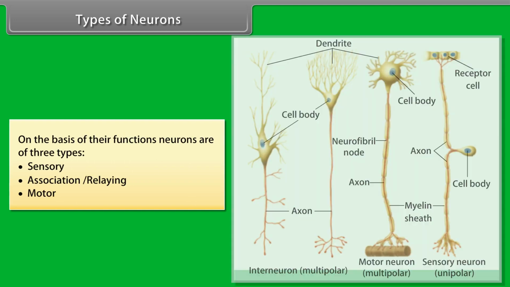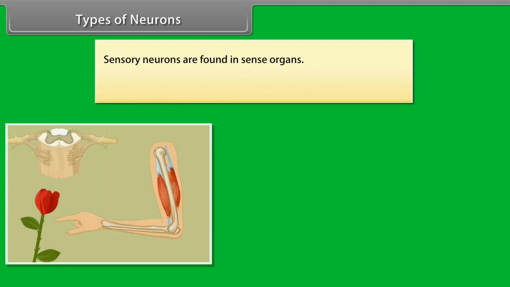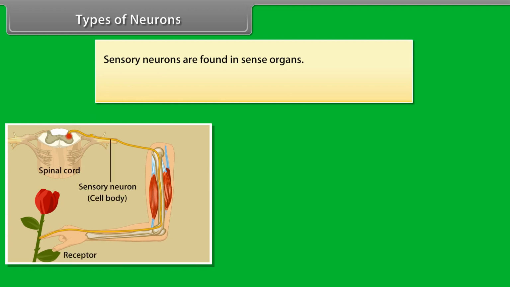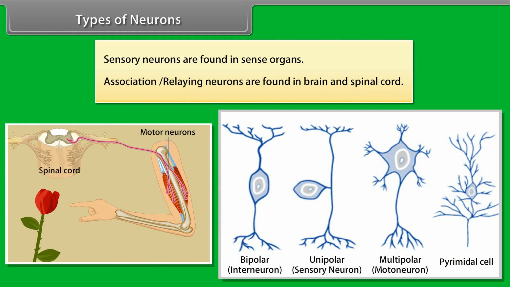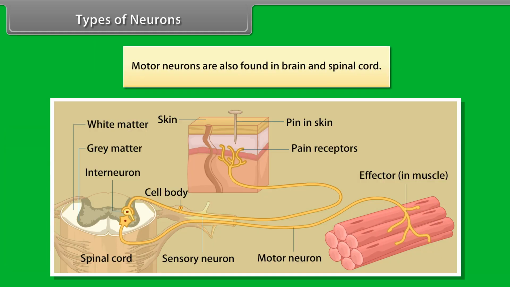Types of neurons. On the basis of their functions, neurons are of three types: sensory, association or relaying, and motor. Sensory neurons are found in sense organs. Association or relaying neurons are found in the brain and spinal cord. Motor neurons are also found in the brain and spinal cord. Functions of neurons.